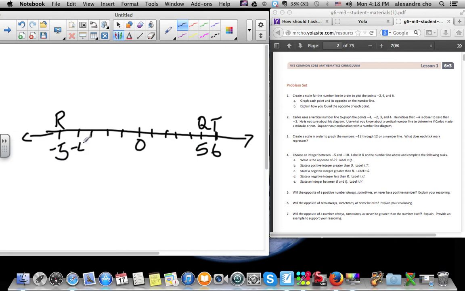Well, here's -4, and that's greater than R, and we'll call that S. State a negative integer less than R. Okay, so something that's smaller than -5 would be -6, and we'll call that U. And state an integer between R and Q. In integers, you have a lot of choices. Let's just pick 1 over here, and we'll call that V.